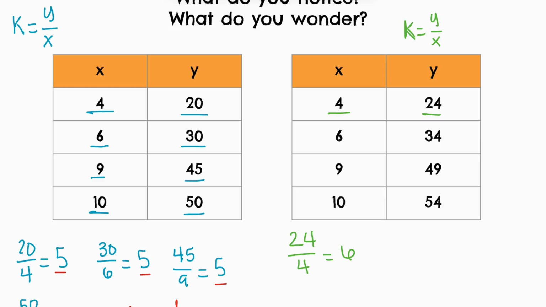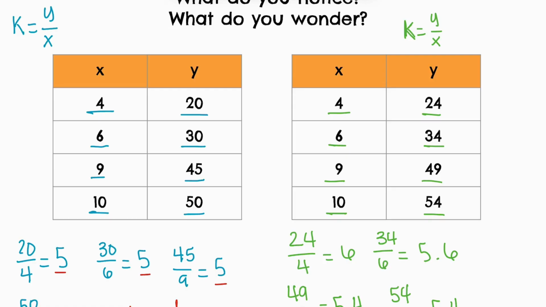My second y value is 34. x is 6. 34 divided by 6 is 5.6. 49 divided by 9 is 5.4. 54 divided by 10 is 5.4.